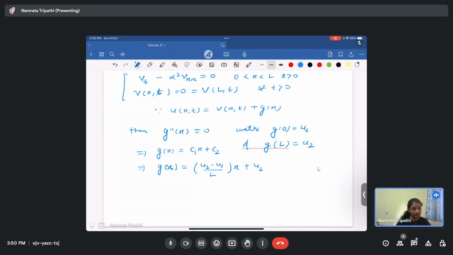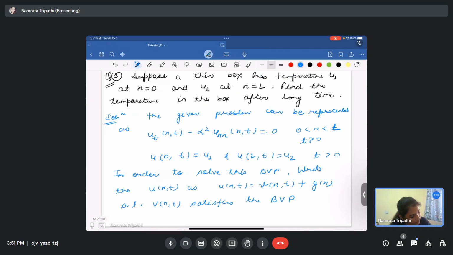C2 will be u1 and C1 you can calculate as (u2 minus u1) upon L. So after calculating g(x), let's say this is equation 2 and this is equation 1.